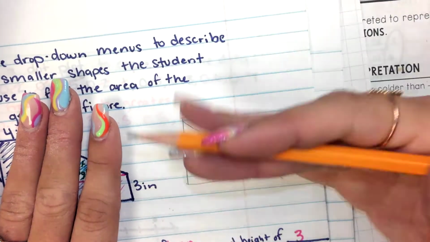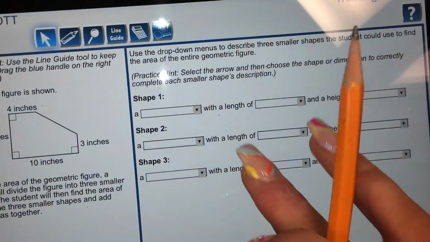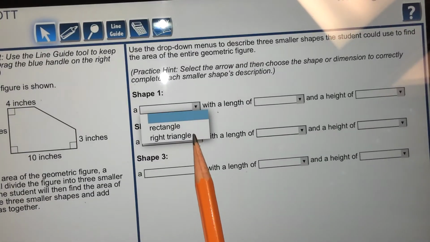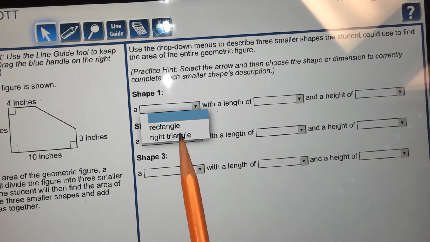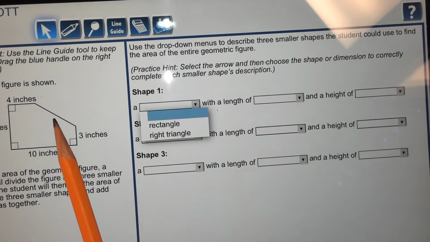Well, guess what? Trapezoid wasn't one of the shapes as an option for him to divide it into. There were 2 options that he could divide it into. He could divide it into a rectangle or a right triangle. Those are the only two he could divide it into. So we need to make this shape up of rectangles and triangles.